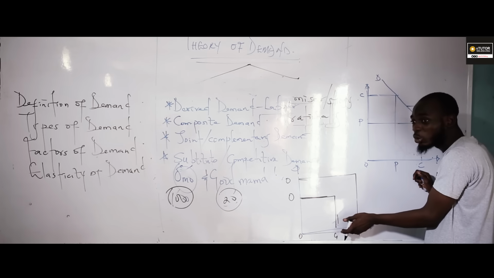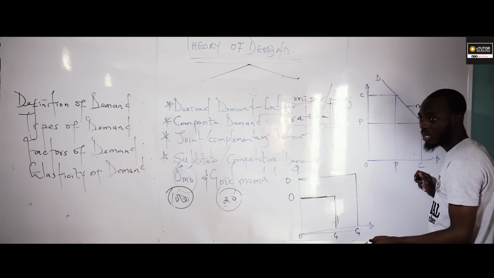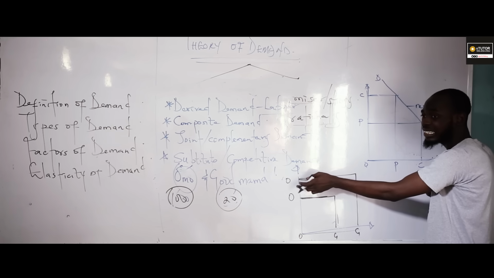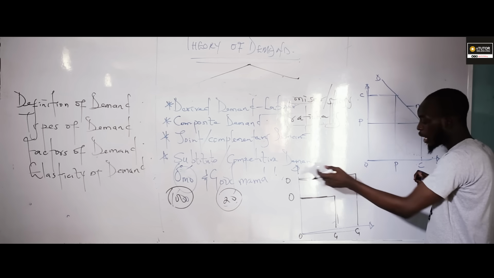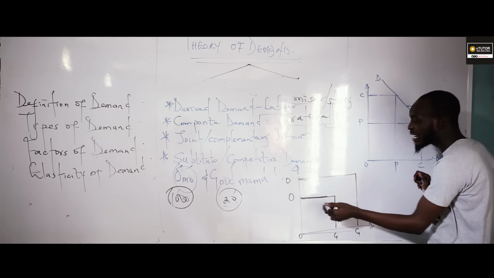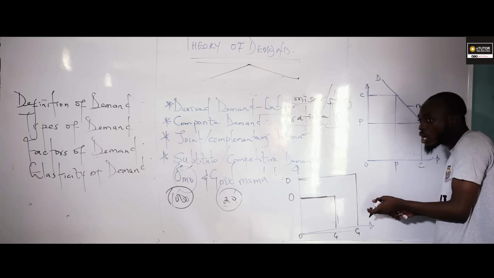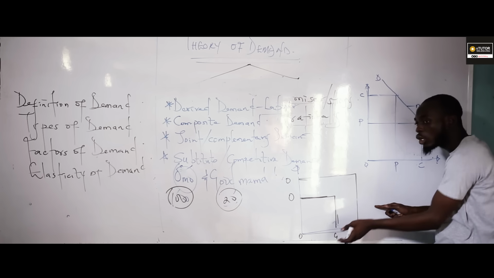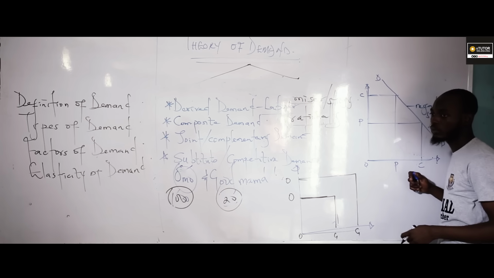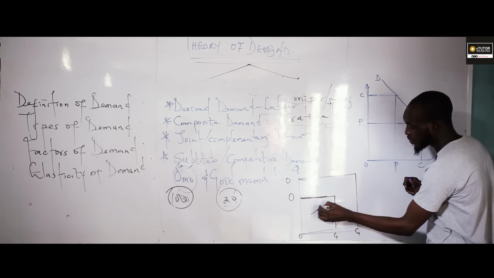The quantity demanded will reduce. But when the price of Omo increases, people prefer Good Mama. But when the price of Omo decreases and Good Mama remains constant, the quantity demanded of Good Mama will reduce. Are you getting that? So that's why we have something like this.